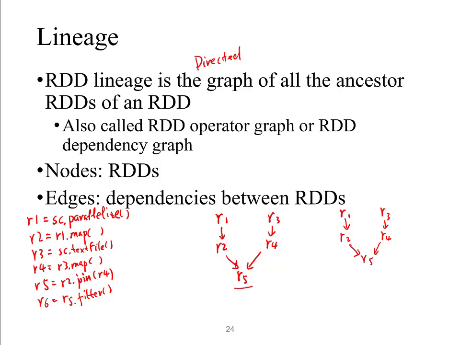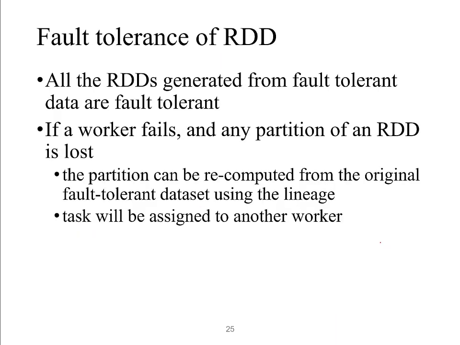So this is RDD lineage. So why do we need such kind of thing, right? The main purpose of having an RDD lineage is to guarantee the fault tolerance of RDD. So basically, if the RDD is generated from fault tolerant data, then it is fault tolerant.